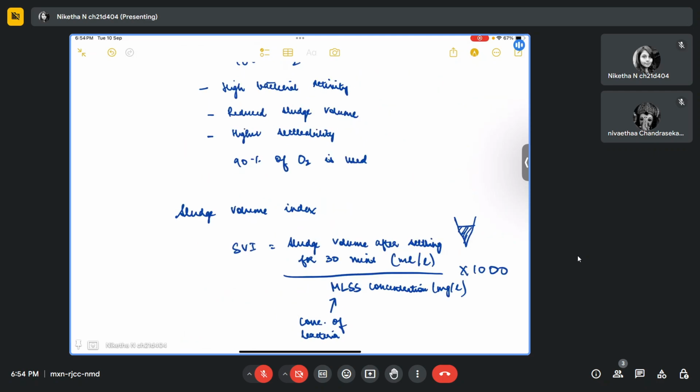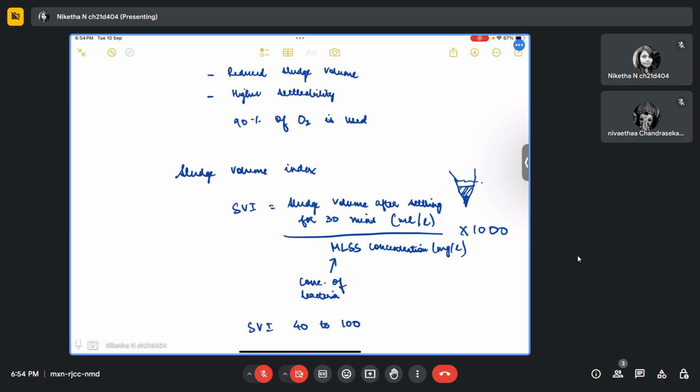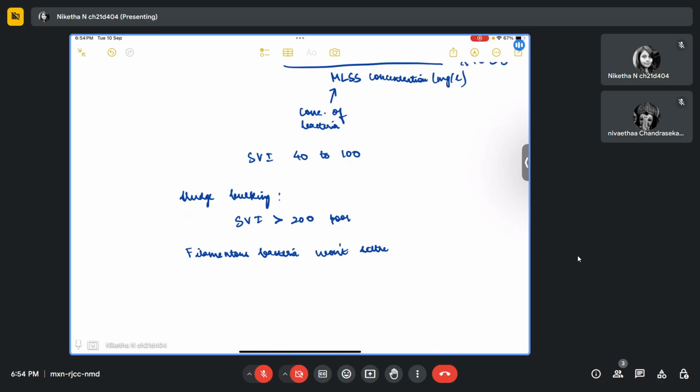What happens if something doesn't settle easily? Obviously, your volume is going to increase. When you have something which is highly dense and settled, it's going to come at the bottom. When you have something which is lightweight, it keeps on floating, and therefore your volume, that is volume of sludge, is going to look like it's high. So this is caused by the presence of filamentous bacteria.